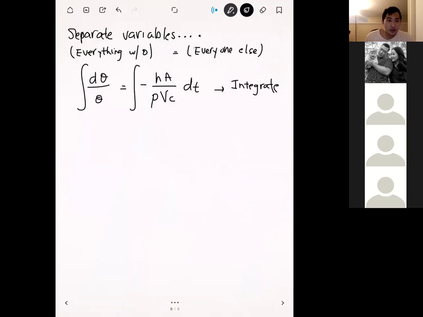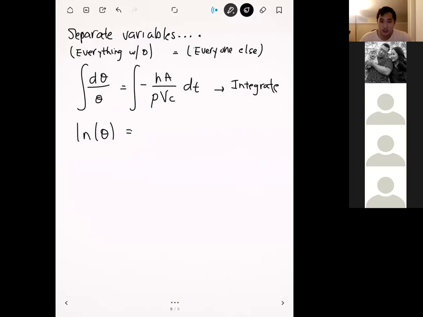When we integrate this, on the left-hand side we have the integral of 1 over theta d theta, and that's just going to be the natural logarithm of theta. On the right-hand side, everything in this coefficient, hA over rho V C, is a constant.